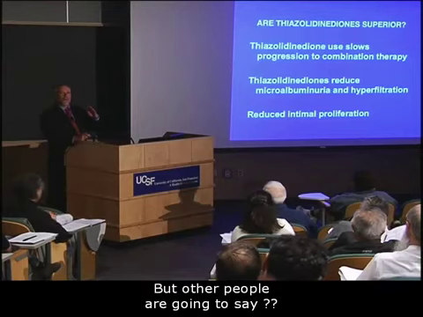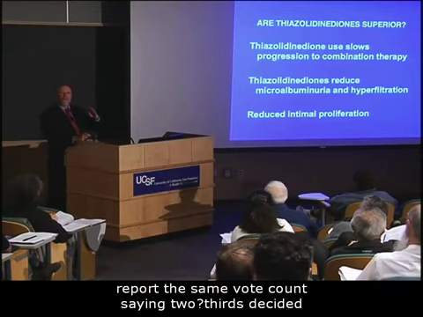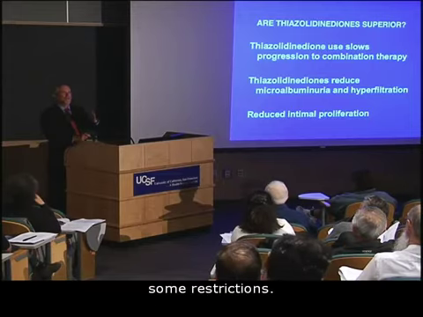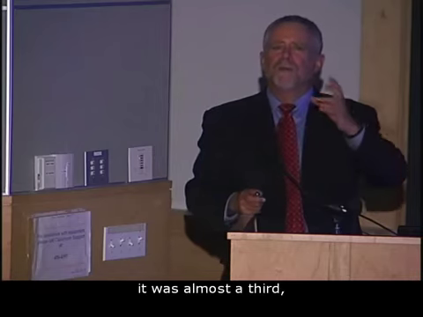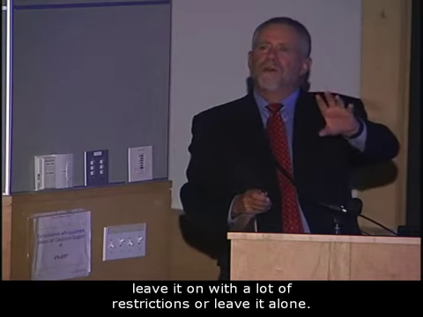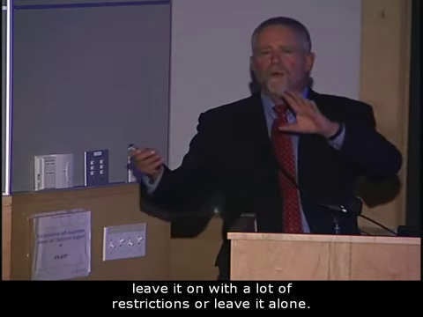But other people are going to report the same vote count, saying 2/3 decided to keep it on the market, although there might be some restrictions. So it was almost a third, a third, a third. Just take it off, leave it on with lots of restrictions, or leave it alone more or less.